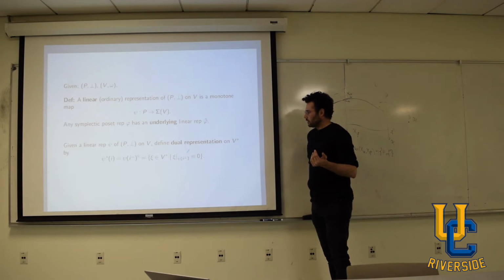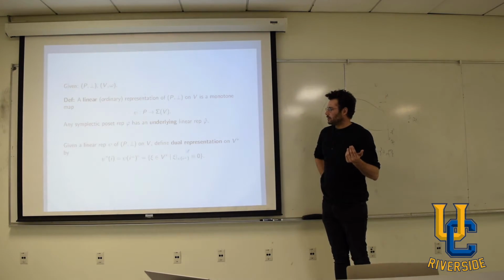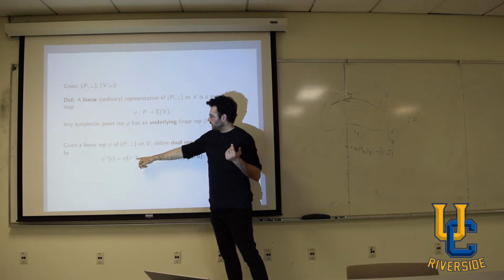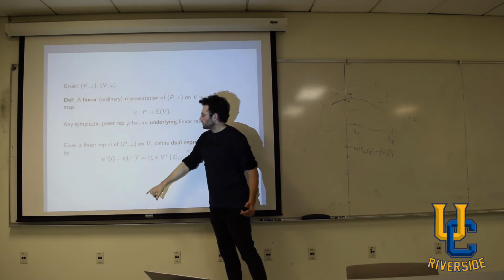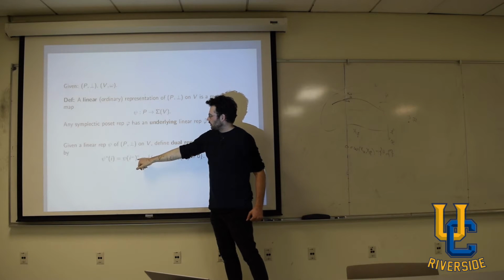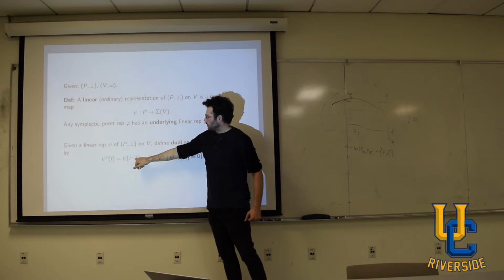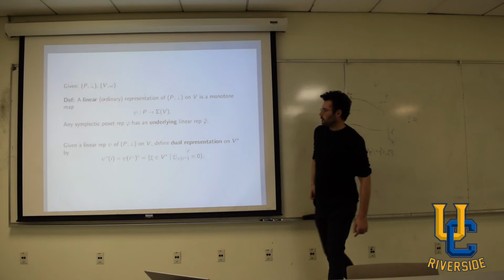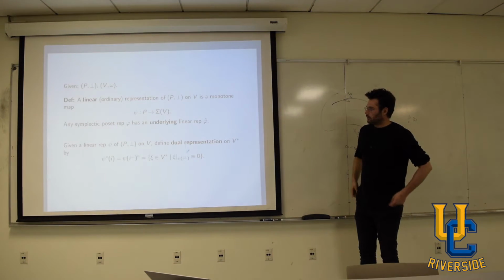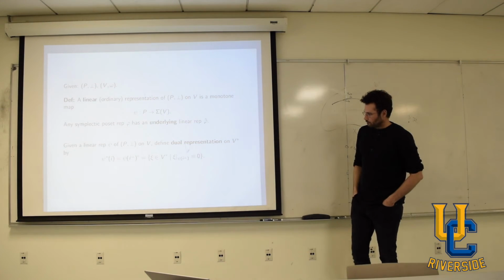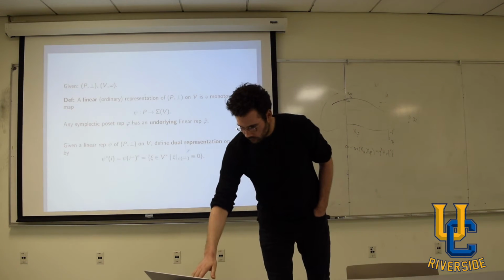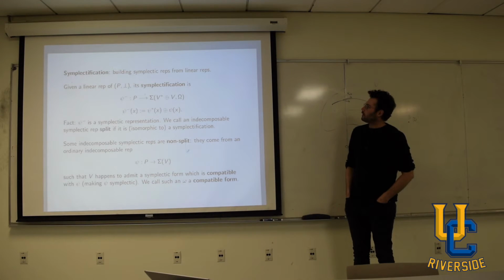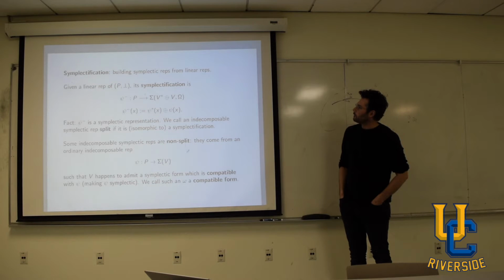The dual representation is on V star, and we use the involution on P. So for an element i of the poset P, the subspace we get in V star is the annihilator of C of i perp, perp being the symbol for the involution on P. So this notion of dual involves the involution on P.